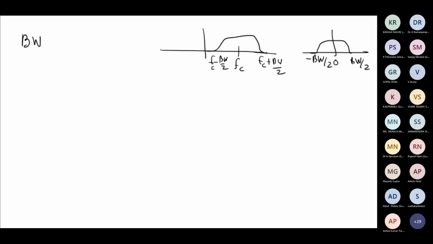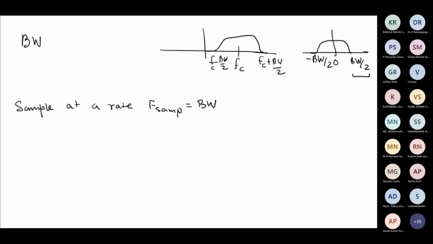So for this complex baseband signal, since its maximum frequency component is BW by 2, the sampling theorem states that we can sample the signal at a rate f_sample equal to BW without losing any information.